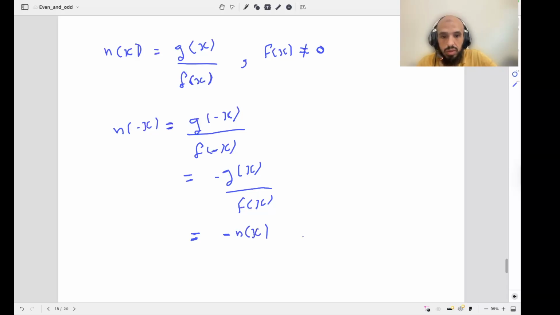So this is an odd function. So the division of an odd function over an even function is an odd function. And it's easy to show that the division of an even function over an odd function, which means that if we put the even function in the numerator and the odd function in the denominator, we will get the same result, an odd function as well.